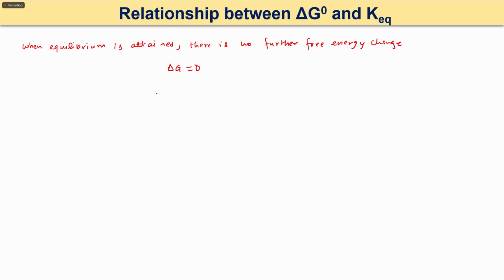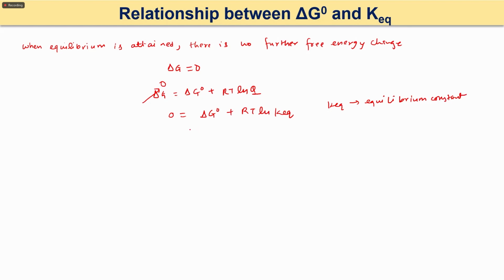Delta G is equal to delta G naught plus RT ln Q. Here delta G is zero, so 0 equals delta G naught plus RT ln K, where Q becomes K equilibrium, that is your equilibrium constant. If you solve this, you will get delta G naught is equal to minus RT ln K equilibrium.